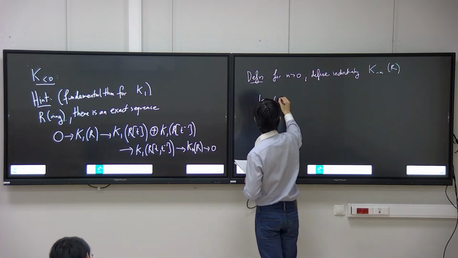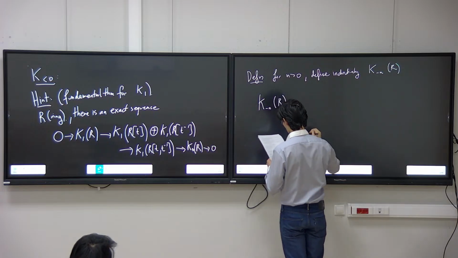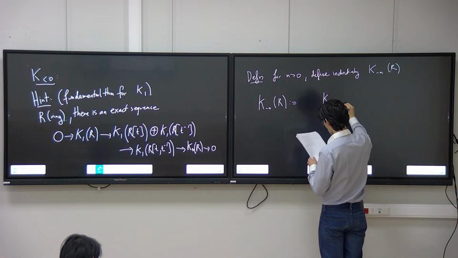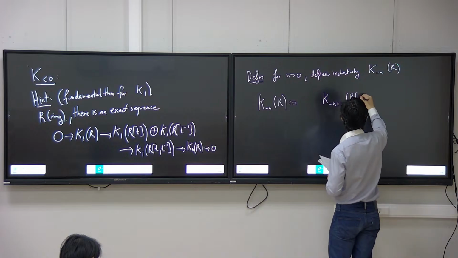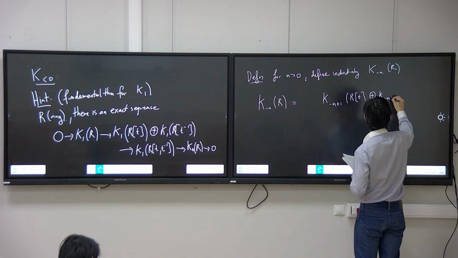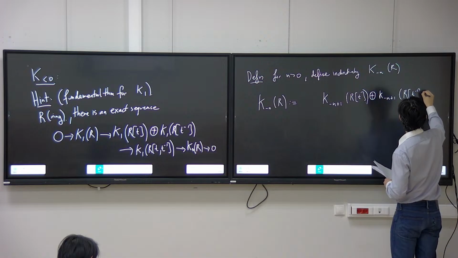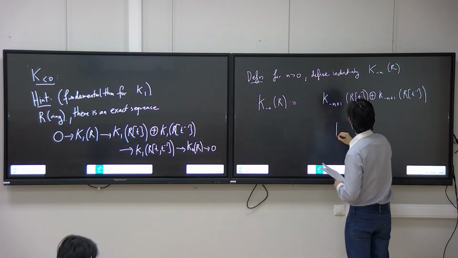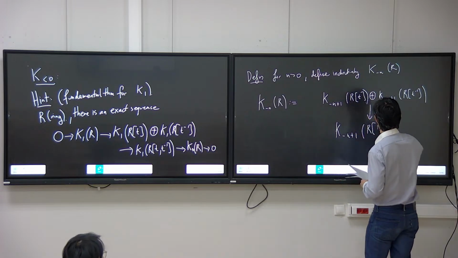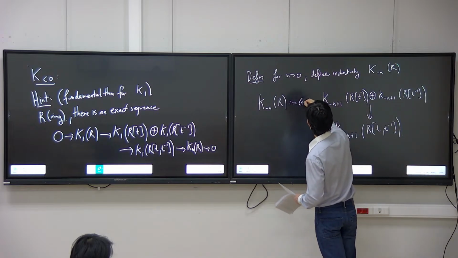So K minus n of R is, we have these maps K minus n plus 1 of R[t] plus K minus n plus 1 of R[t minus 1] mapping to K minus n plus 1 of R[t, t minus 1], and we take the co-kernel of this map.